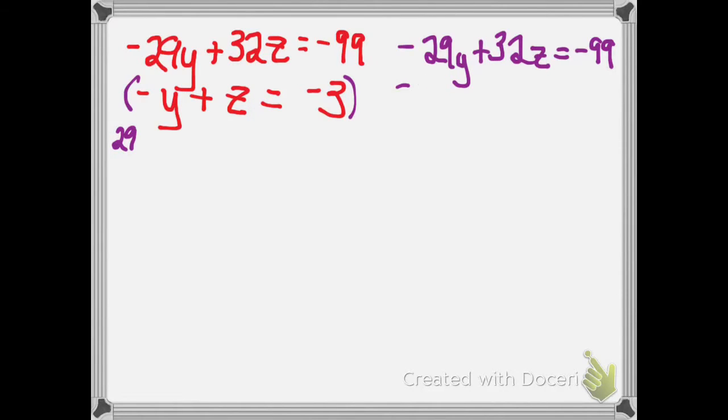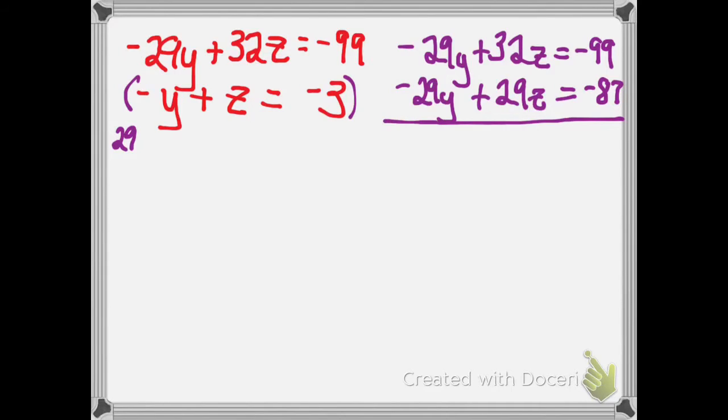So I have negative 29y plus 29z equals negative 87.